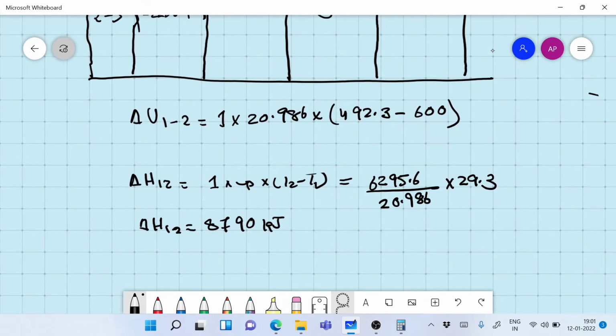And of course, the delta H is calculated the same way.